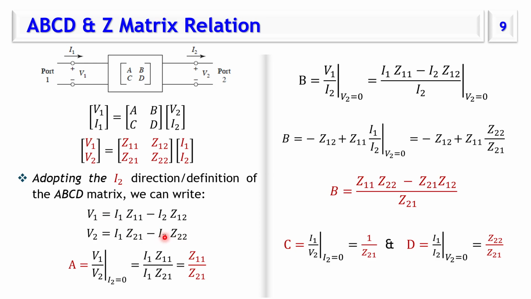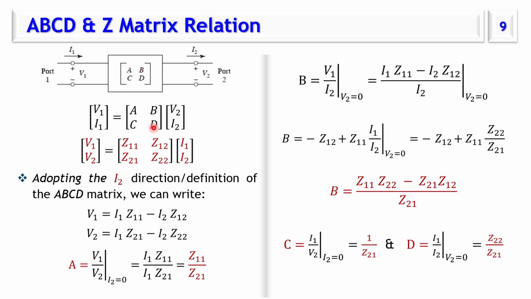If I2 equals 0, V2 will equal I1 multiplied by Z21. So we have this relation here, I1 over V2 will equal 1 over Z21.